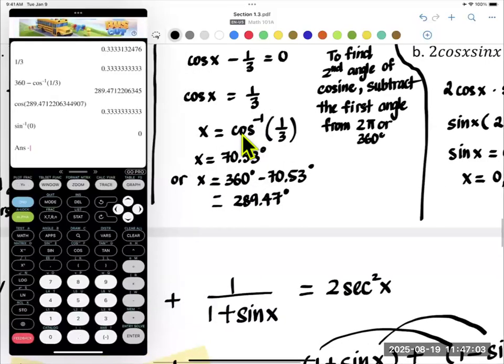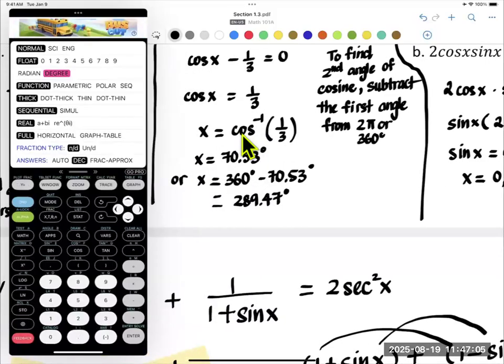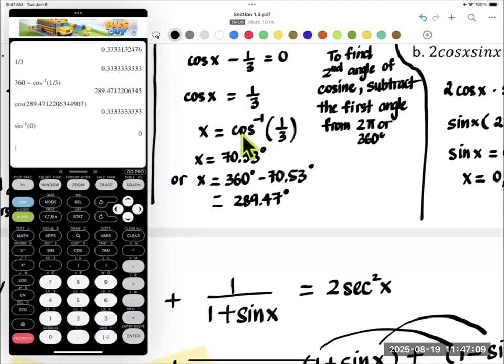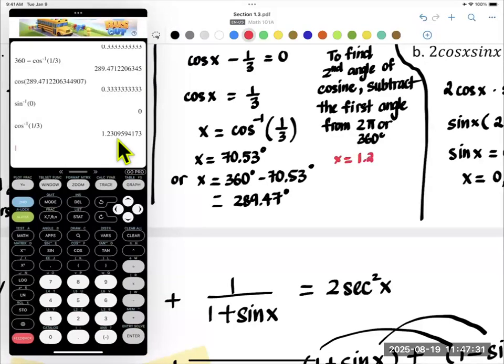You just need to change your calculator back to radian mode and do cosine inverse of 1/3. To type the cosine inverse, you press second and then the cosine button. So cosine inverse of 1/3 is 1.23. So in radians, x will be 1.23.